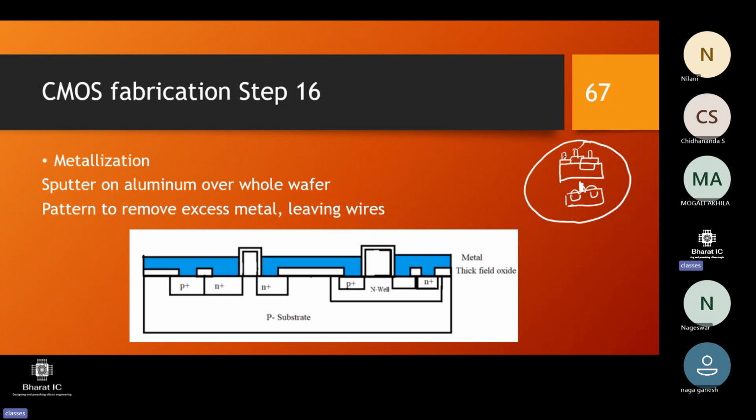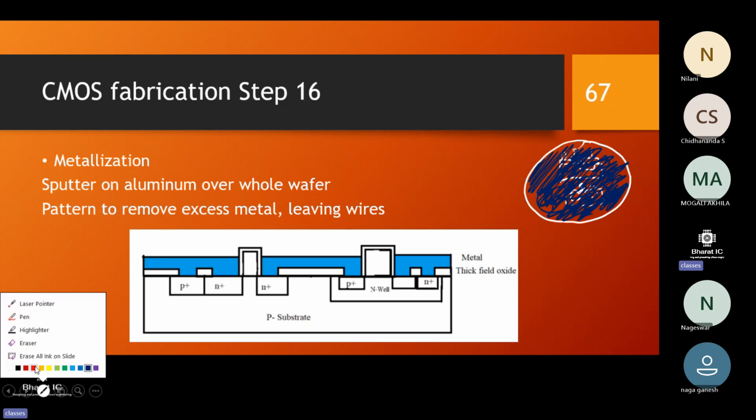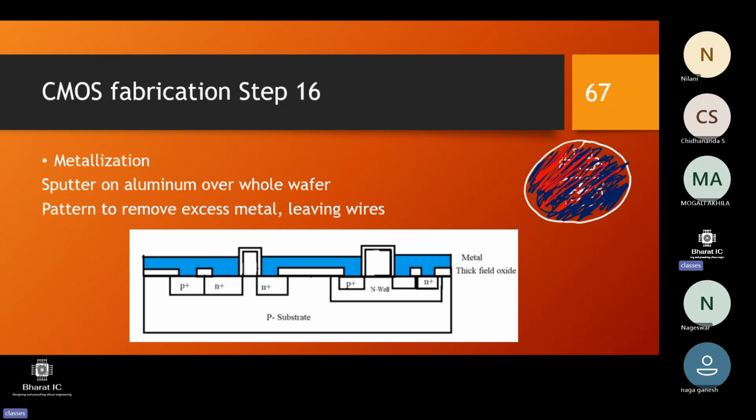They will put metal, aluminium, over the whole wafer, and then put a photoresist material on top of it. Suppose we consider the red color as the photoresist material again.